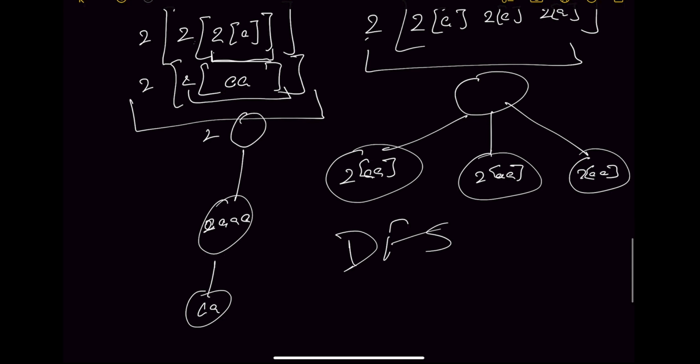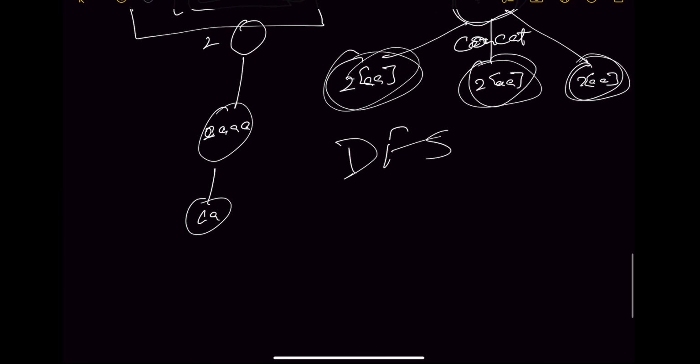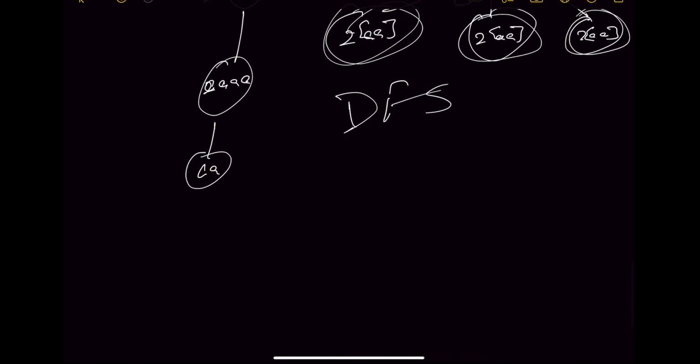We can get the result of this node, this node, this node, concat all three, and then concat this with the parent, and that would be the result essentially.